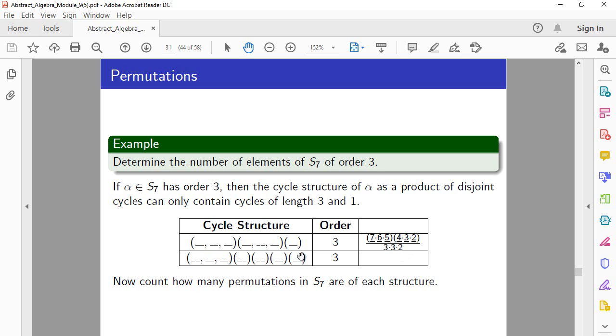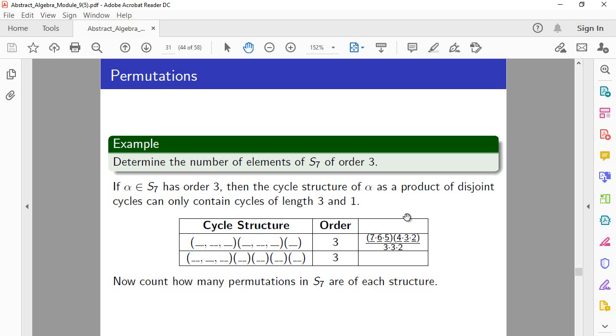I also need to divide by 2, because if we change the order of the 2 cycles, it doesn't change the product. Disjoint cycles commute, so the order is not important here. The numerator is actually double counting, so we have to divide by 2 as well.